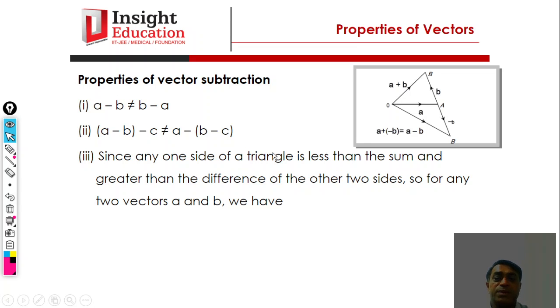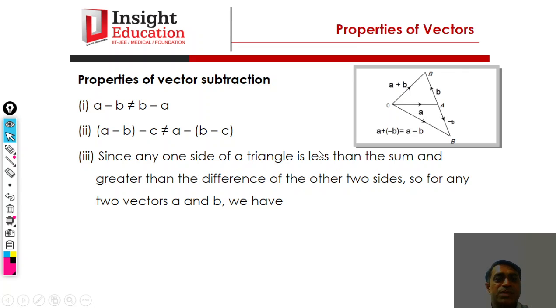Any one side of a triangle is less than the sum of the other two. Suppose we consider the triangle OA, AB and BO. Any one side, suppose OB, is always less than OA plus AB, and is always greater than OA minus AB.